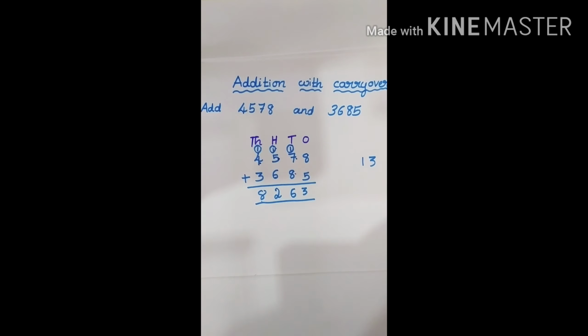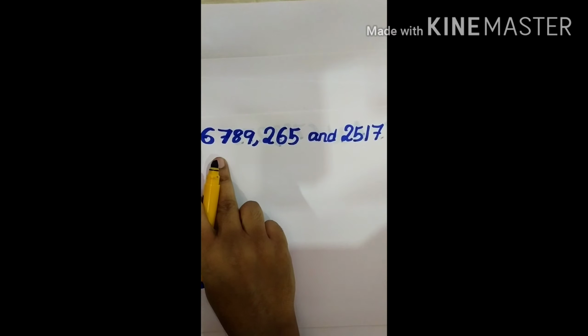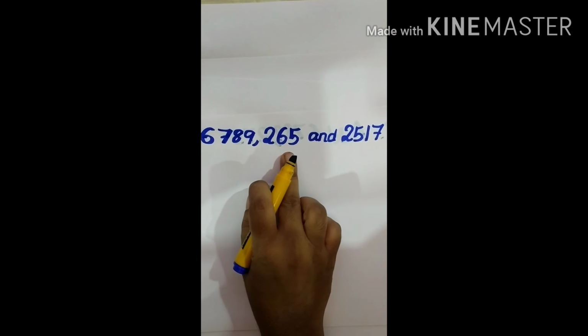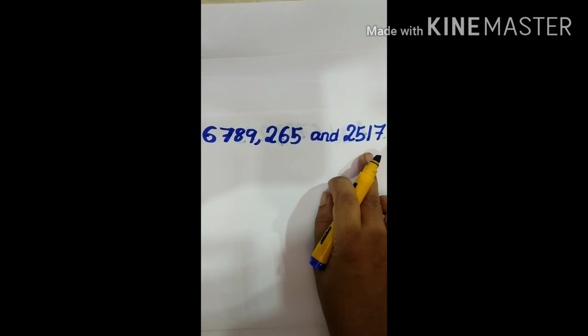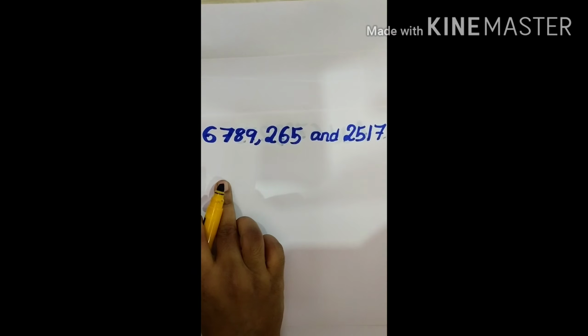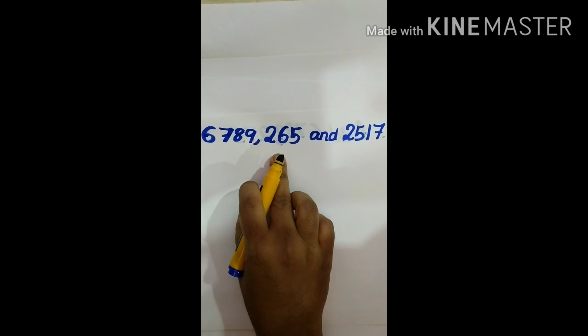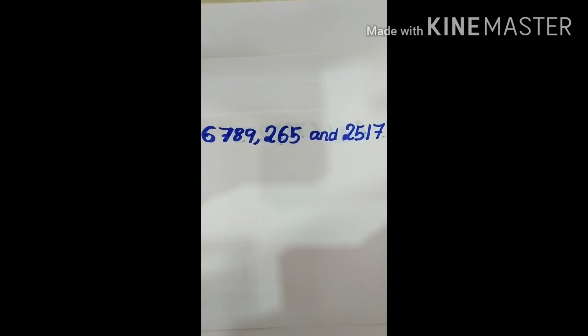Children, let us take another example. Add 6789, 265 and 2517. Here you see the first number is a 4-digit number, the second number is a 3-digit number and the last number is a 4-digit number. How can we arrange these numbers in column?